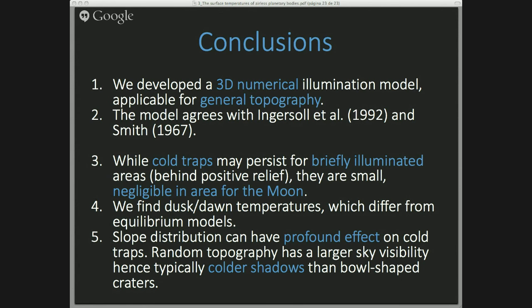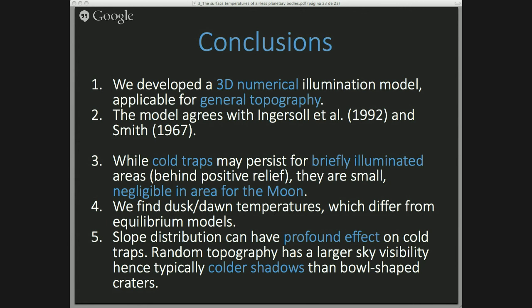And past models, such as the Benfield model I discussed earlier, don't take this into account. So we have a better chance to actually simulate the temperatures during dusk and dawn, and for surfaces that don't have a Gaussian distribution, which was the assumption in past models.